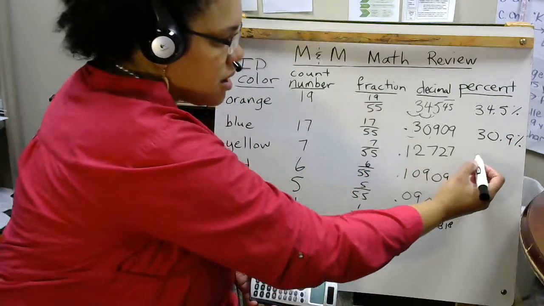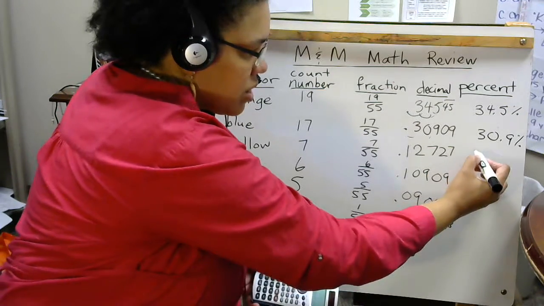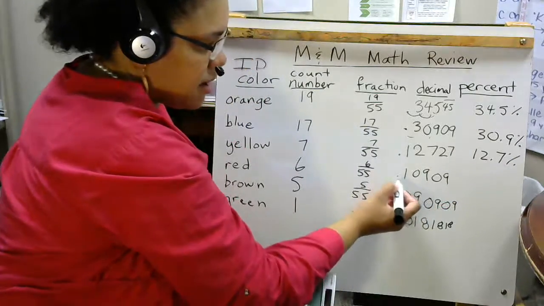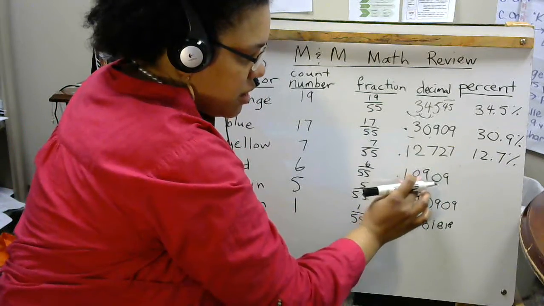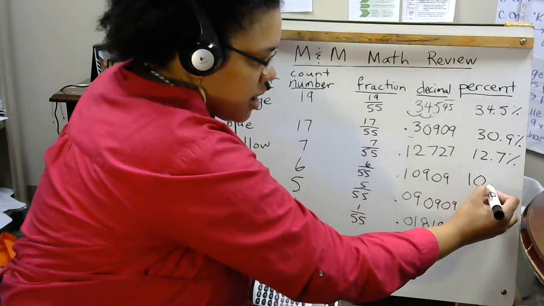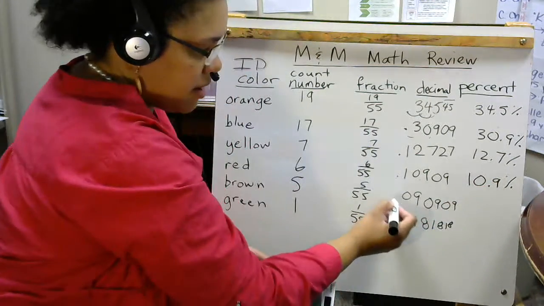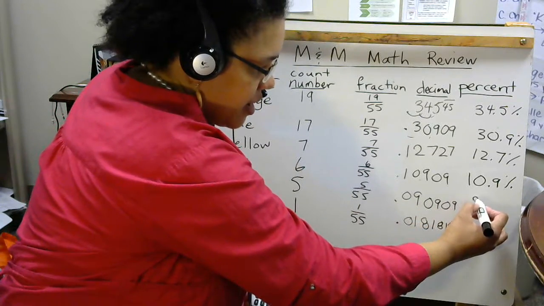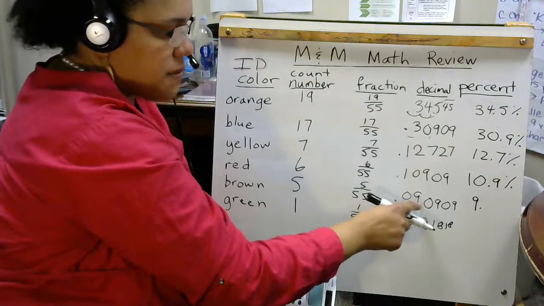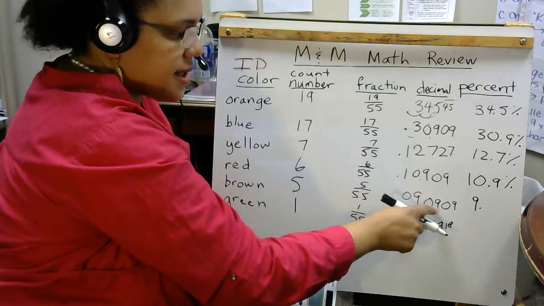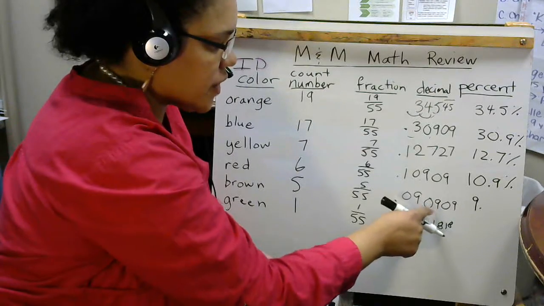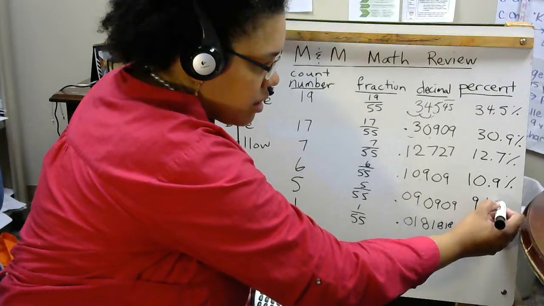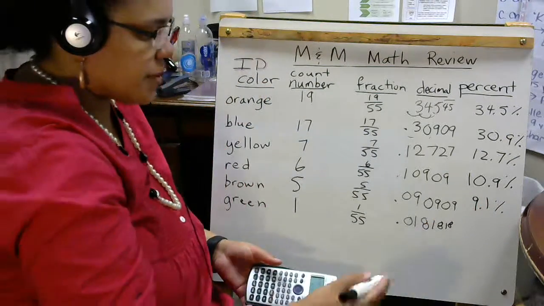This is 12.7%. This is 10.9%. And this, the zero we won't write, 9 point, because this 9 is greater than 5, we're going to round this up to 1, 9.1% there in the hundredths place.